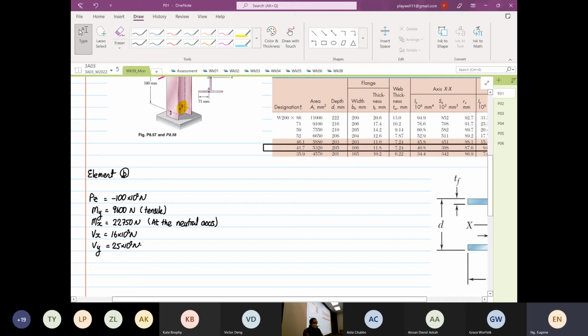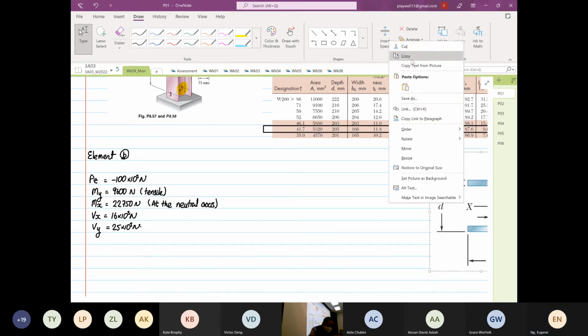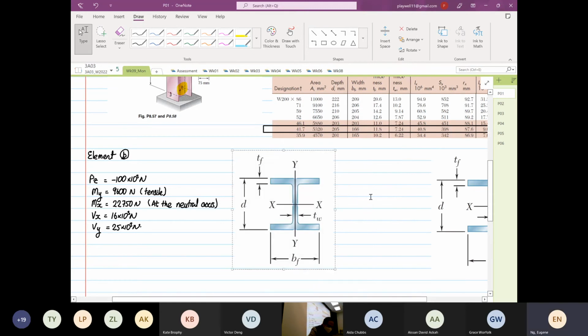So as I say, normal stress is the easiest thing to do. So I'm going to bring this image across. So element B is over here. So I'm going to draw element B. So at this position is our element B, and I think they have it as small b.